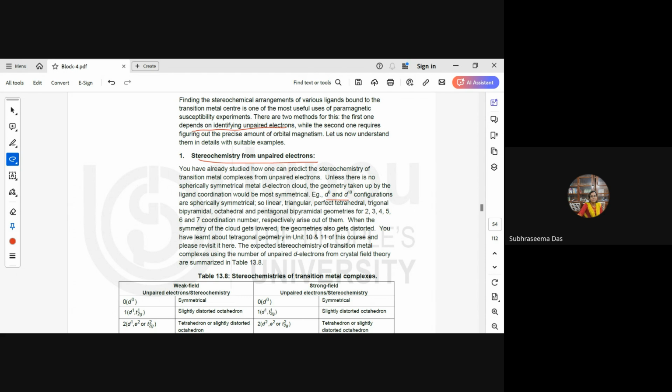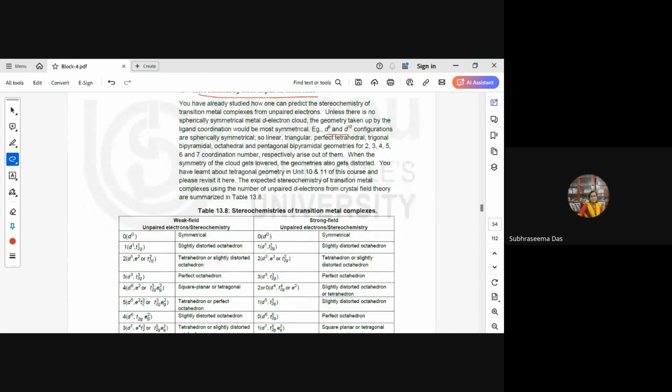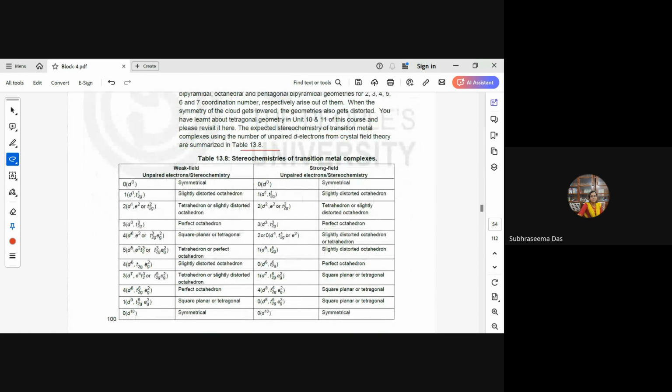The expected stereochemistry of the transition metals, using the count of the number of unpaired d electrons, can be done from this table. Suppose the number of d electrons here is d0, so it is symmetrical in nature, and therefore it cannot be predicted.